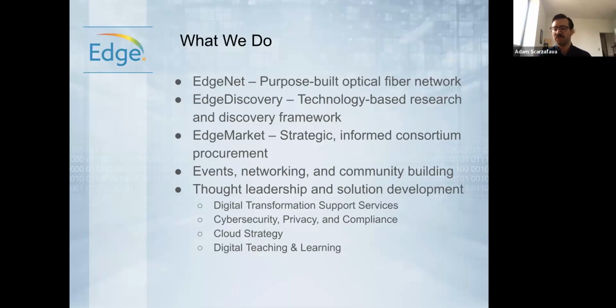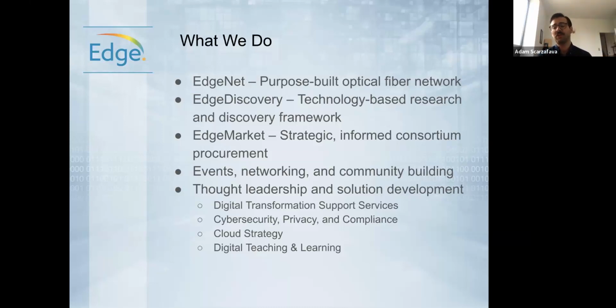And then, as I mentioned, thought leadership and solution development. We offer some services ourselves as a nonprofit. Digital transformation support, cybersecurity, privacy, and compliance is so important right now, both from a financial perspective, as well as protecting things like the IP that comes out of research. Cloud strategy, one of the things we're talking about here today.